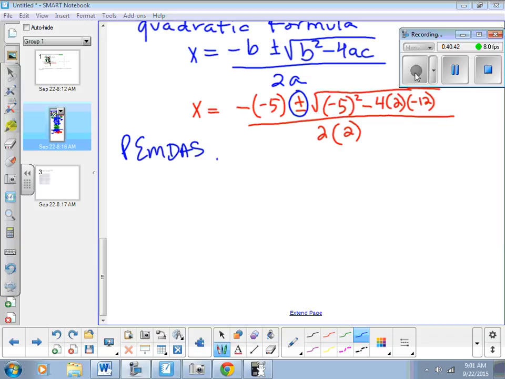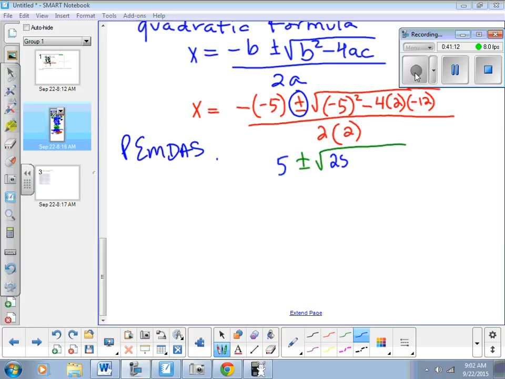Does everybody agree that a negative negative 5 is a positive 5? And that plus or minus there, I'm going to keep it a different color because I need you to remember. When you finish the square root, whatever you get as a square root, you're going to add it to 5, and then you're going to do 5 minus that number. Yeah? Okay. Inside, does everybody see that negative 5 is squared?